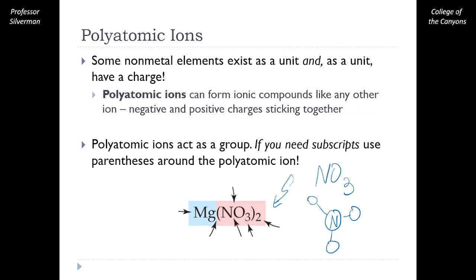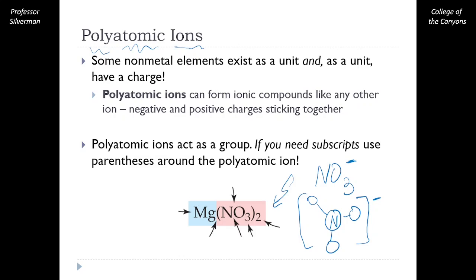And as a group, this carries a charge of -1. So ultimately what we have is this bundle of 4 atoms moving around as a unit, and as a unit it carries a charge. That's why we call it polyatomic ions. Multiple atoms that act as a charged unit.